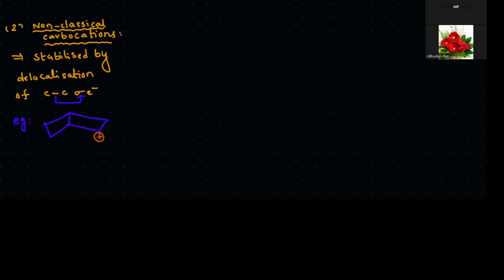If you break this bond, this carbon gets the positive charge and this one gets the negative charge. So this one donates the electrons to this carbocation. Now, which carbon-carbon bond is broken here? The carbon-carbon bond adjacent to this carbocation is broken here. So we can write this kind of carbocation like this.